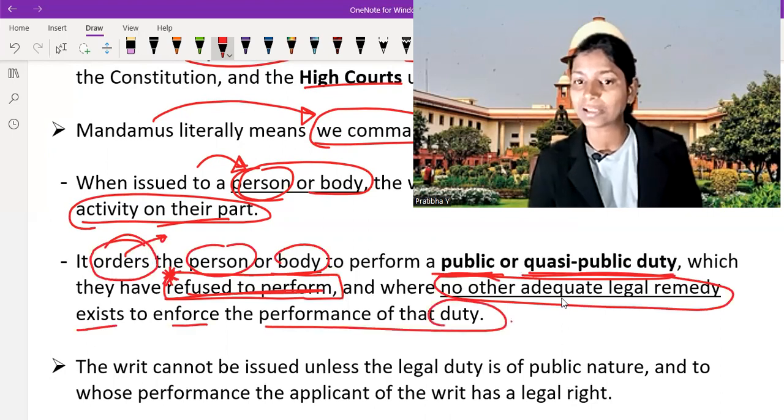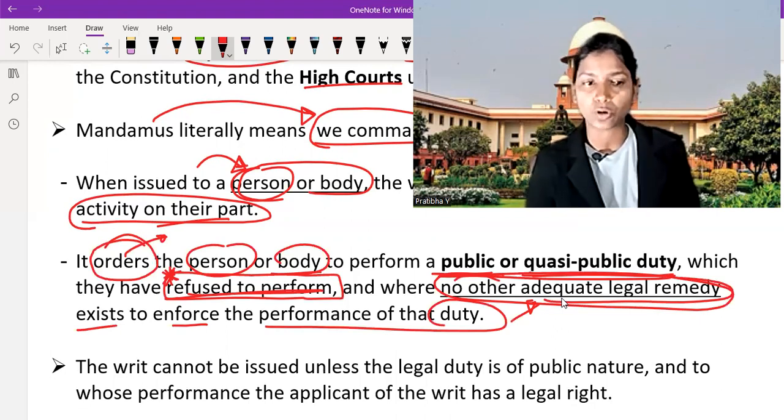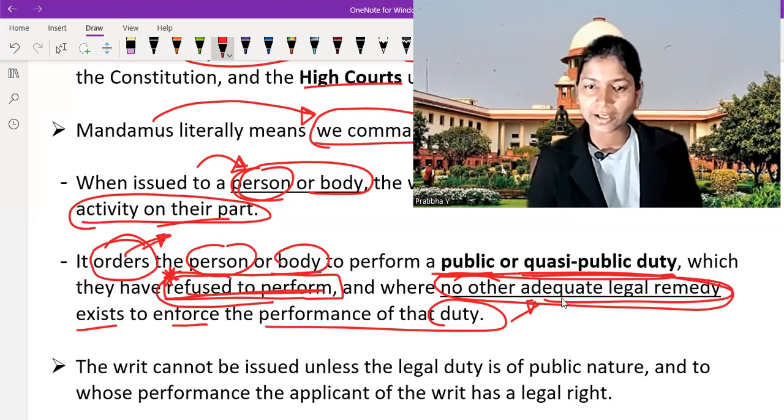If there is no other adequate legal remedy, then the court issues orders or writs to perform their duty, if that person or body has refused to perform their work. This is the purpose of mandamus.